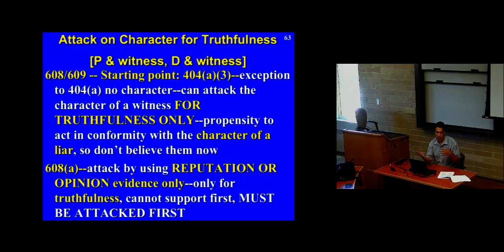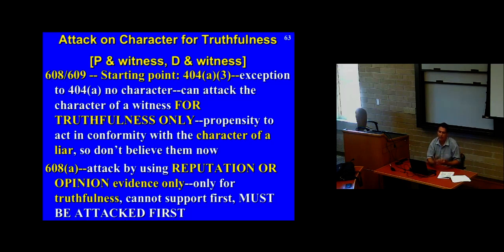So you can't put a witness on to say how this first witness is telling the truth. If the witness gets on the stand, you can attack their character for truthfulness, and then once it's attacked, the other side can put on a character witness to say that the character of the witness is actually very truthful.